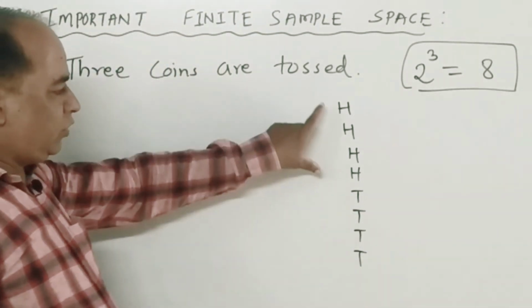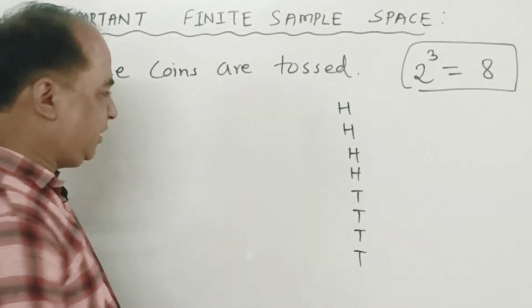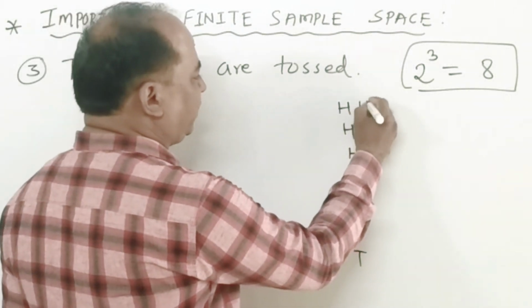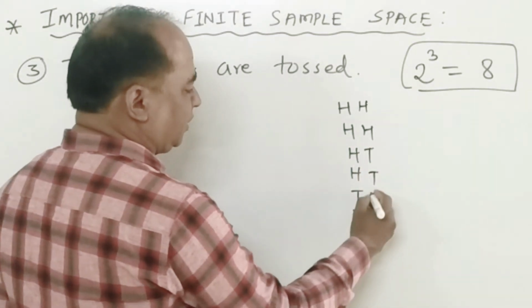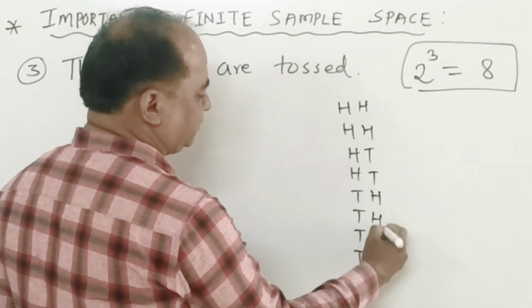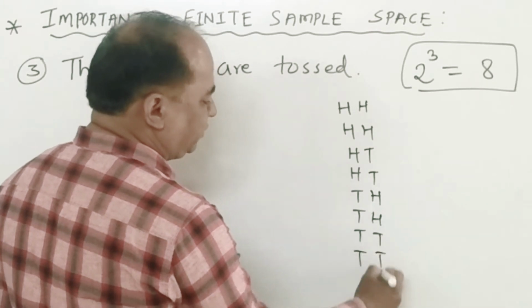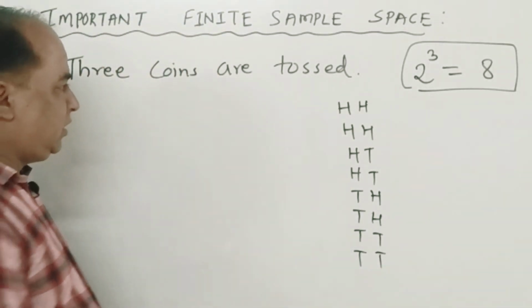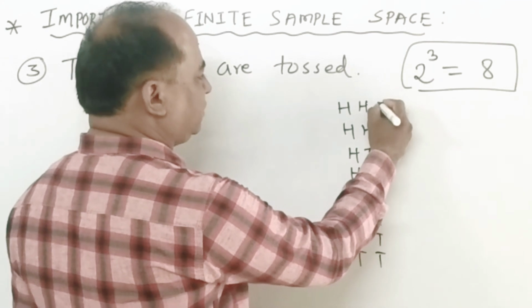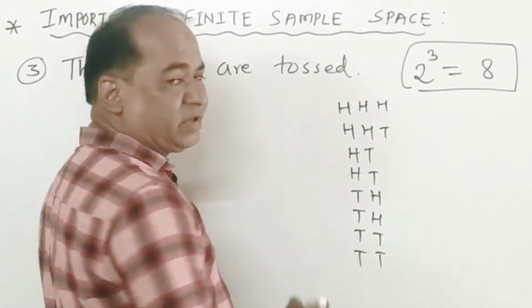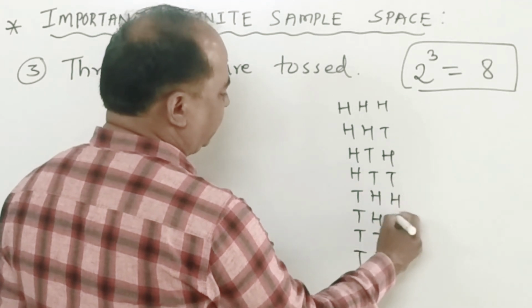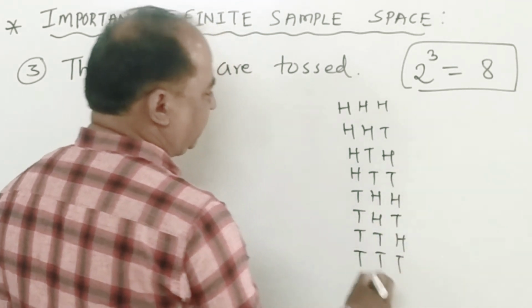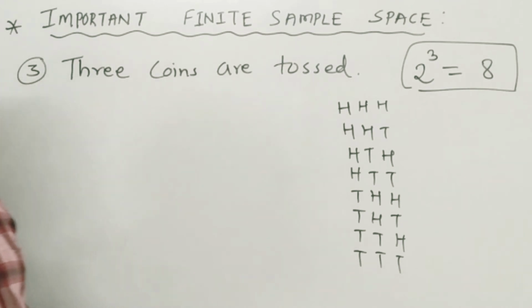Then on the second coin, 2 times H, 2 times T, 2 times H, and 2 times T. Then on the third coin, head tail, head tail, head tail, and head tail. So this will be 8 outcomes when 3 coins are tossed.